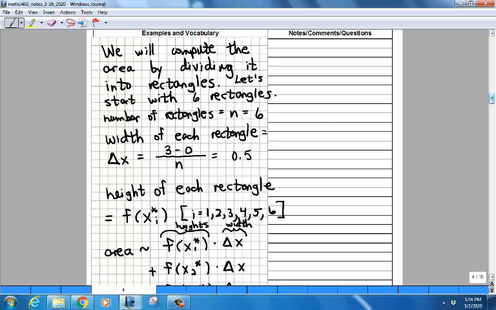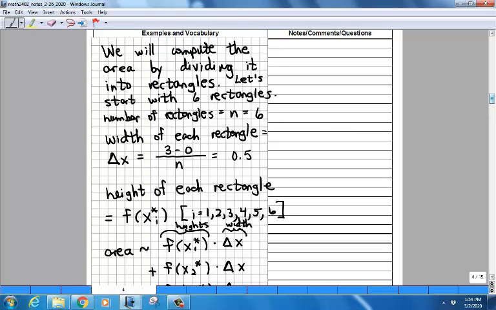Within the width of each one of those rectangles, I'm going to pick a value off of the x-axis. It can be anywhere in the width of the rectangle, though. For the first rectangle, that value that I pick off the x-axis, I'm going to call x1.